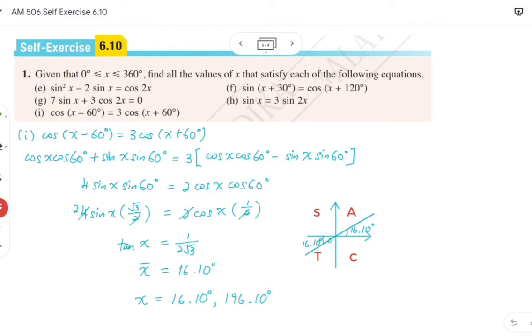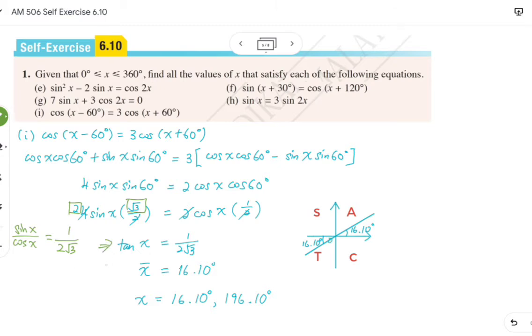Alright, so same thing when we have sine and cosine, we can always divide cosine on the 2 sides. Okay, so that I have sine x over cosine x. Okay, and then the number on the right should be 1 over the 2 and 3. So 1 over 2 3. So sine x over cosine x, we get tangent x.